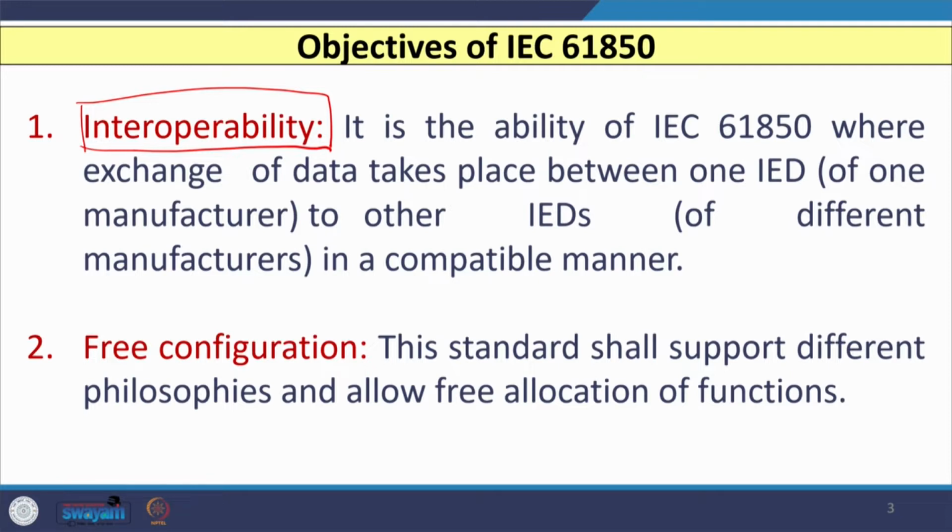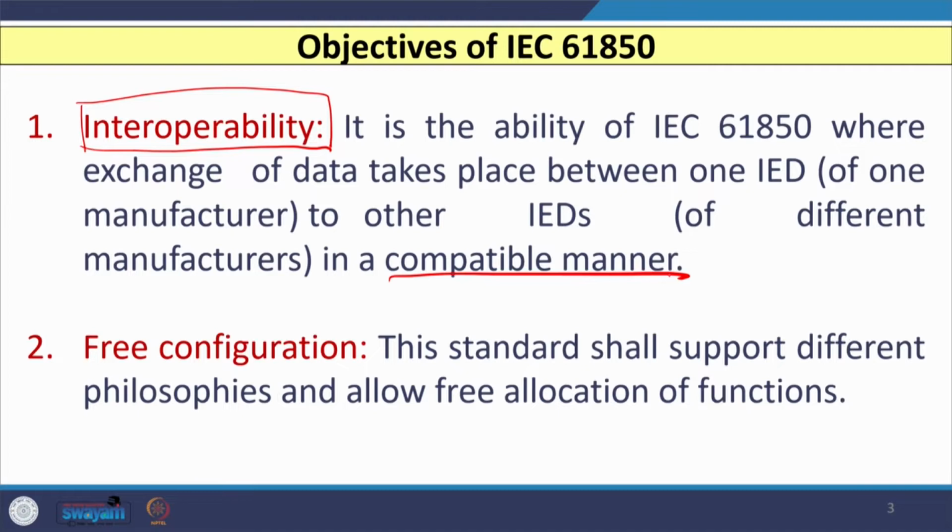IED can be a PMU, a PDC, anything. When one IED wants to communicate with another IED of a different manufacturer, installed in the same substation or in remote substations, how is that exchange possible in a compatible manner? This is the main objective of IEC 61850.